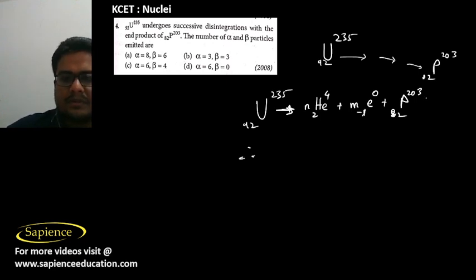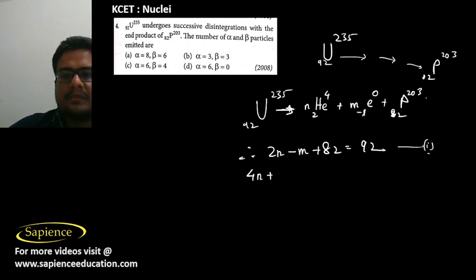So therefore the net charge should be the same. So therefore 2n minus m plus 82 should be equal to 92. So this is equation 1. And also the total mass should be the same, that is, the total number of nucleons should be the same on both sides.